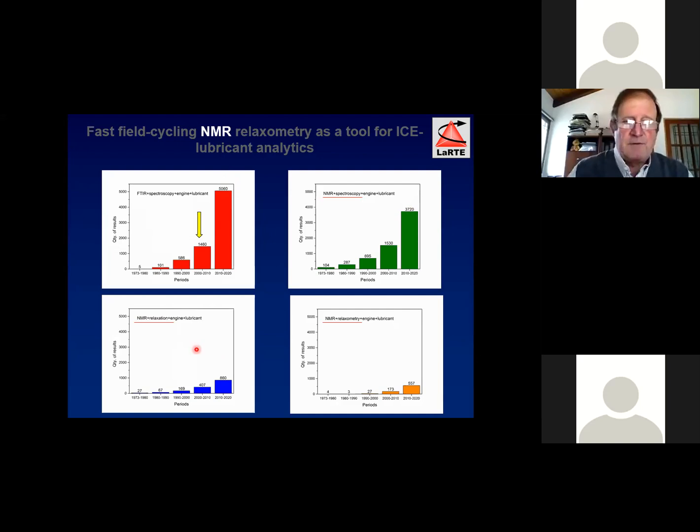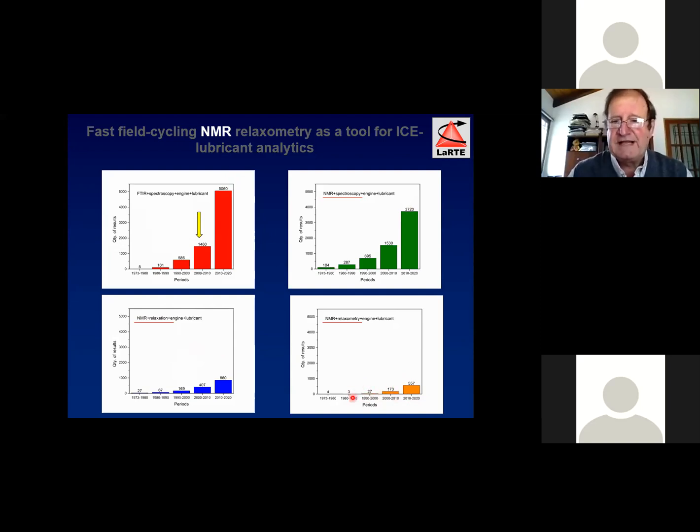What about if you go to relaxation and relaxometry? Okay, you see the numbers are much lower. And here, if we go to relaxometry in particular, I should say that this increase is mainly because in the last 20 years, any kind of NMR experiment where relaxation times or rates were measured was called relaxometry.